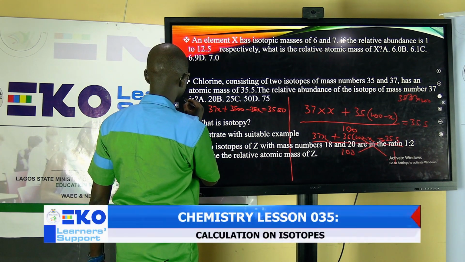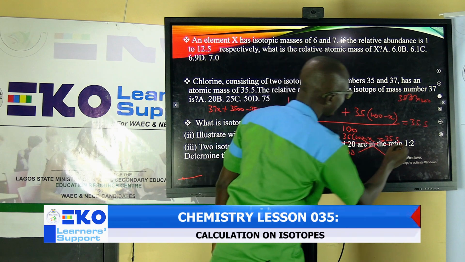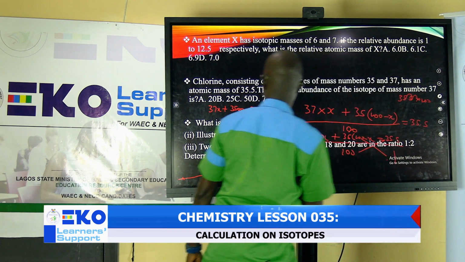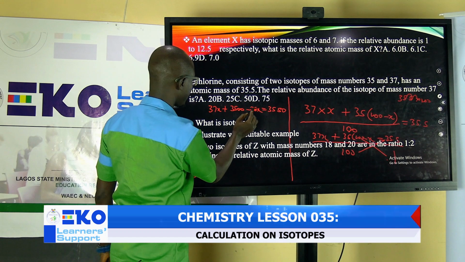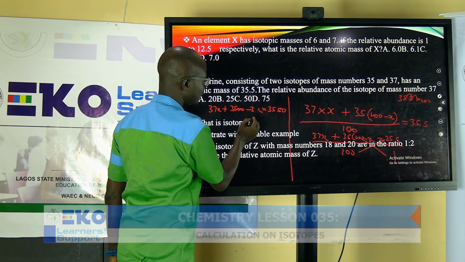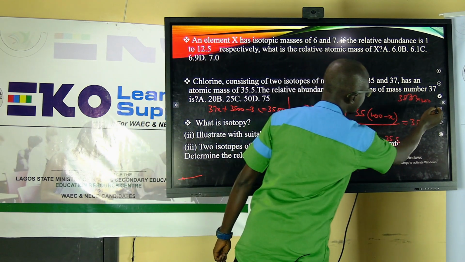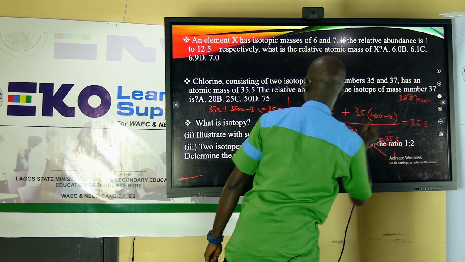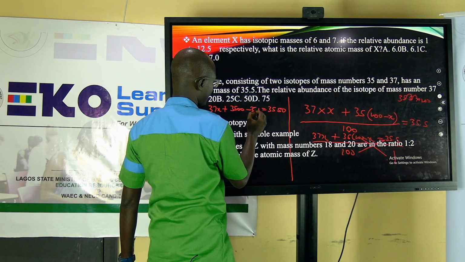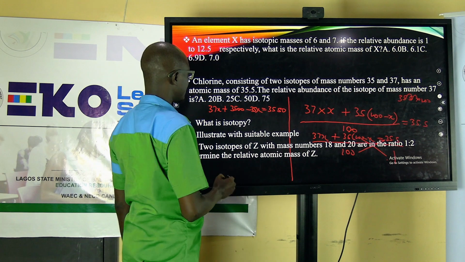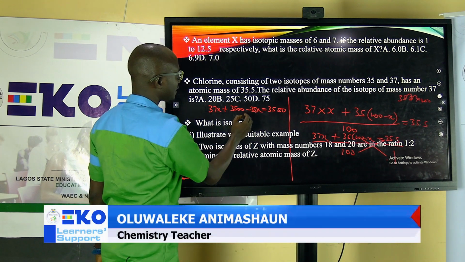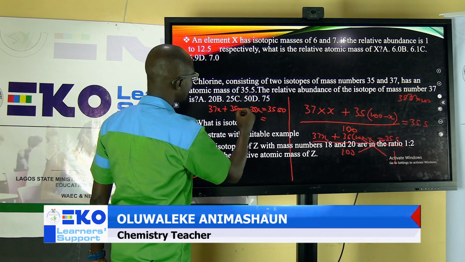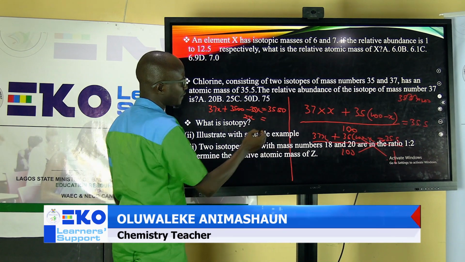This is 35x. So 37x minus 35x is 2x, equal to 3550 minus 3,500.